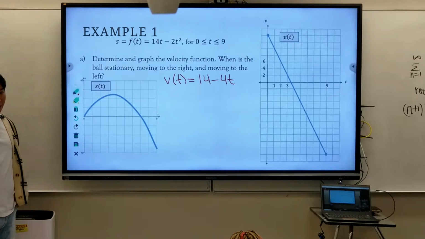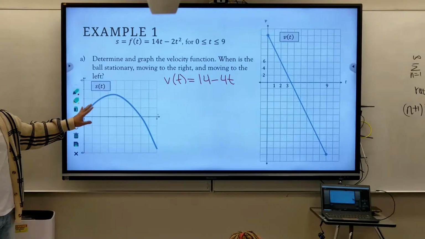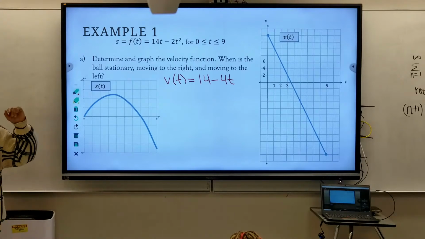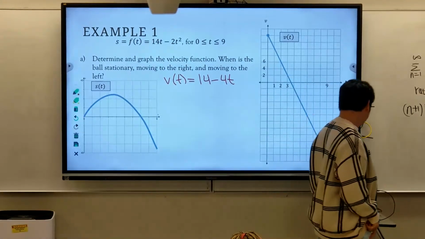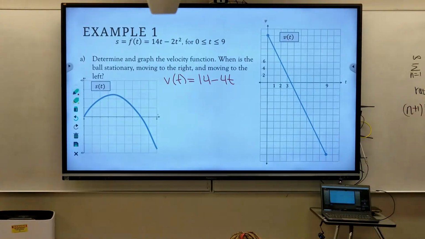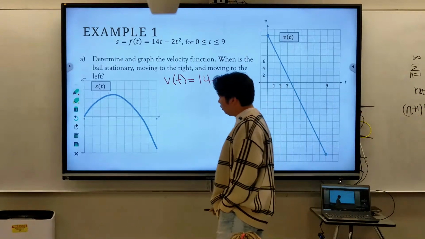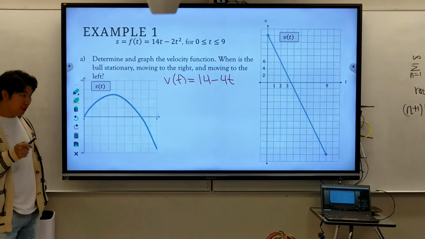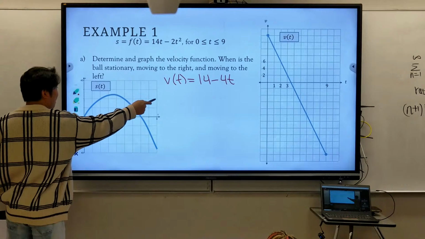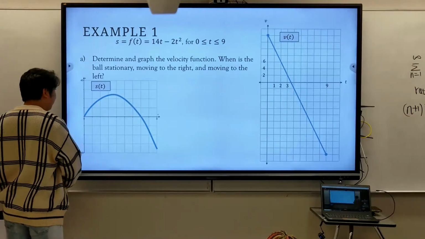I would say the position function would be enough for me to determine how this is moving. But it helps to see the velocity as well and how everything is related. And I'm pretty sure I do have my animation for us. So I'm going to clear that v of t.